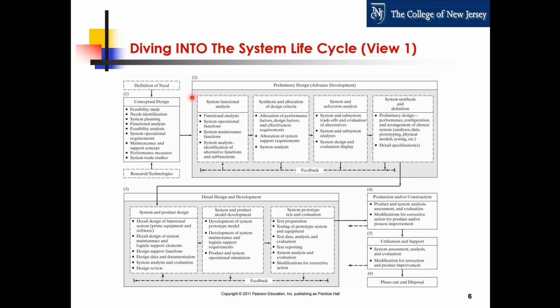And if we understand what the system needs to do, we start diving deeper into what functionality is required for maintenance, because we already have a maintenance concept. And if we understand well what the system needs to do from a functional perspective, we can look at trade-offs of how to achieve that functionality. Notice that everything that we did over here in the conceptual design has nothing to do with how we're going to design this system.